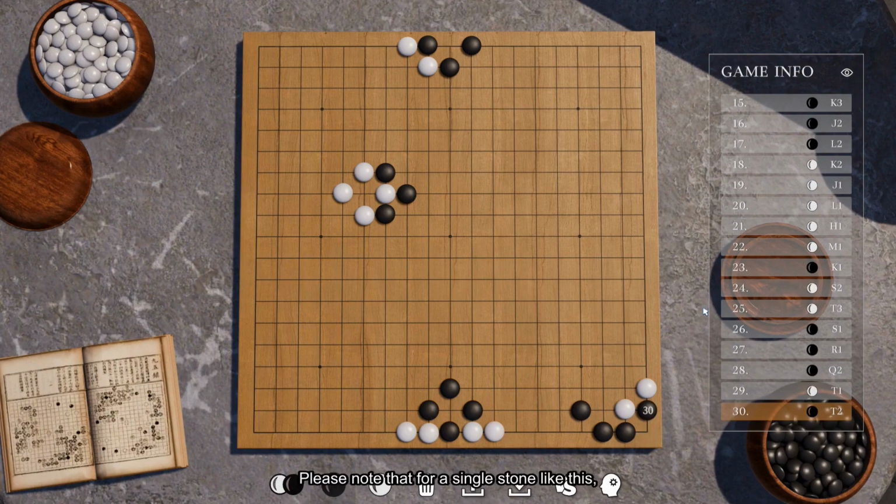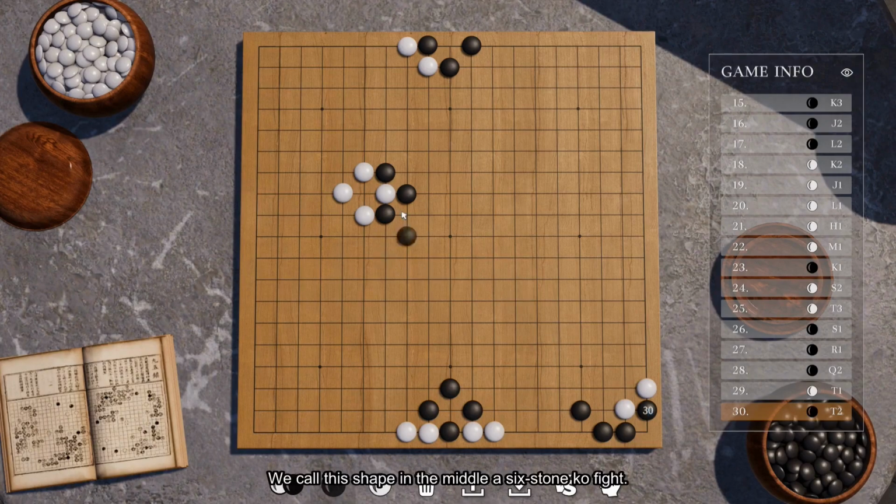Please note that for a single stone like this, structurally speaking, a shape where both sides can repeatedly capture a stone is called a KO. Now, if we carefully analyze the shapes of a KO, there are actually only 4 basic KO shapes.